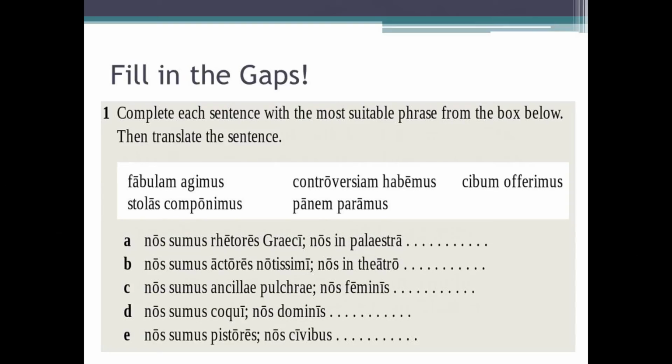Now let's translate. A. We are Greek teachers. We have debates in the palaestra, or exercise area. B. We are very famous, superlative, actors. We act plays in the theatre.